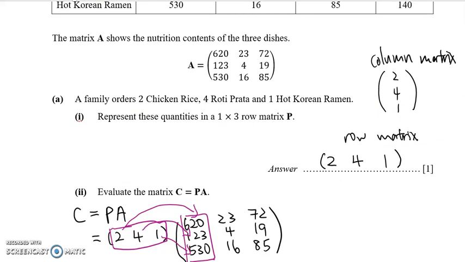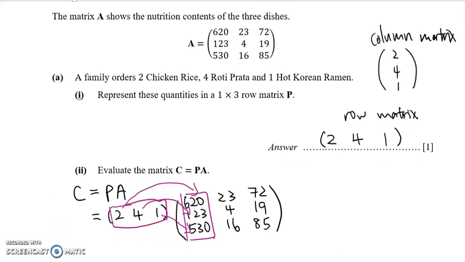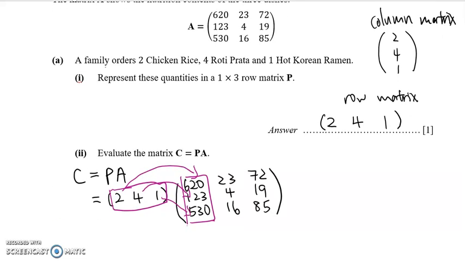Then 1 hot Korean ramen, that's the calorie intake from there. If I add them up, it also makes sense, which would be the total calorie intake that the family took after eating this meal. So do check that the multiplication makes sense. This will also help you to check whether your answer in part 1 is correct.